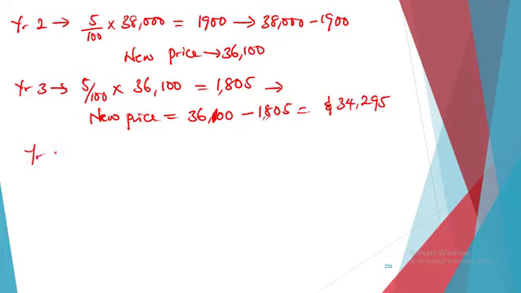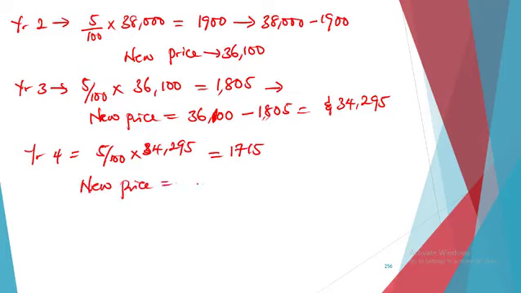Then for year 4, which is the last year we're looking at, I have 5% of 34,295, and that will give us 1,715. Then our new price is equal to 34,295 minus 1,715, right? And what would that give us?